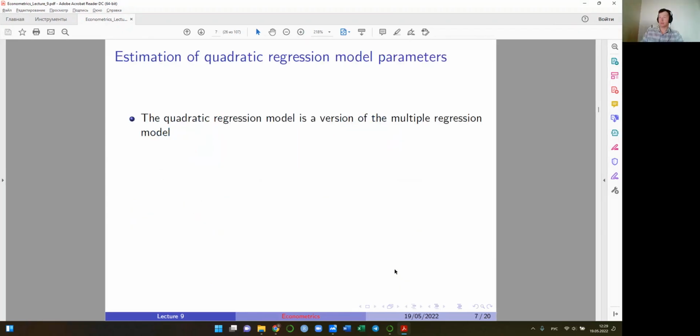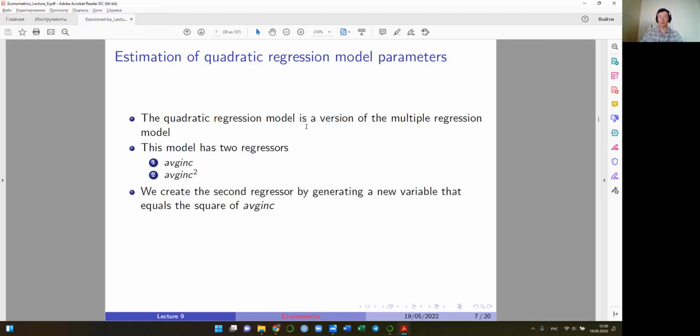How to estimate betas for this model? We know that this quadratic regression model is just a particular version of the multiple regression model. One regressor is average income, and the second regressor is average income squared. Nothing is different from the previous material. And we can create this second regressor simply by generating a new variable that equals the square of average income.